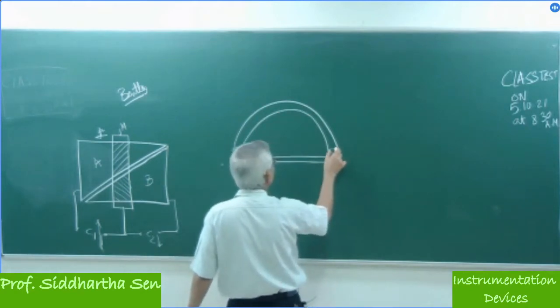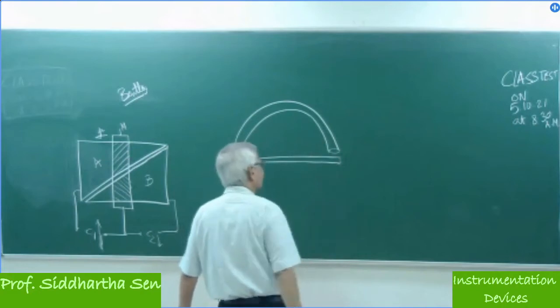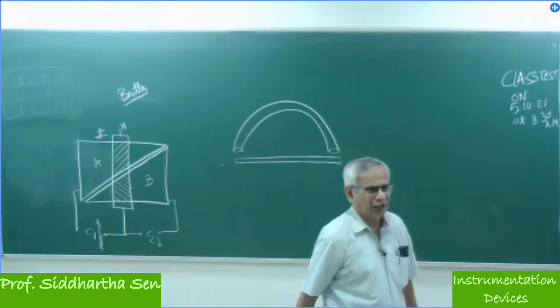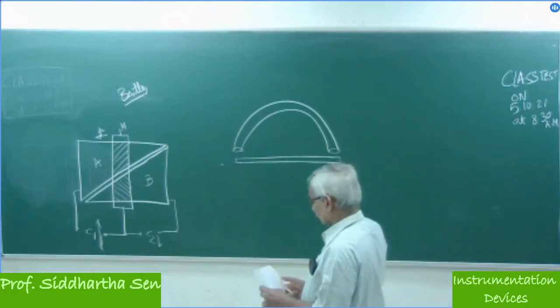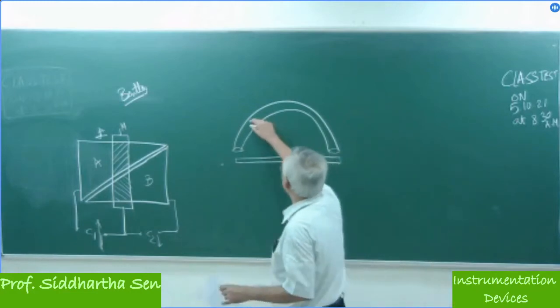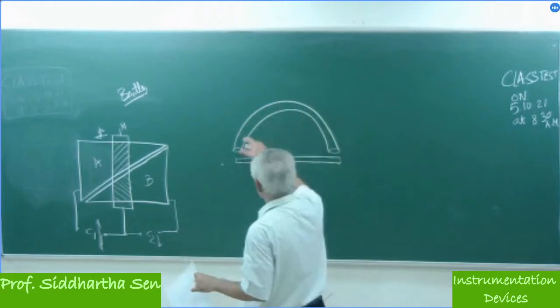So this is semicircular, and this is an armature, which has a rectangular cross section. So naturally, the reluctance path here is uniform.